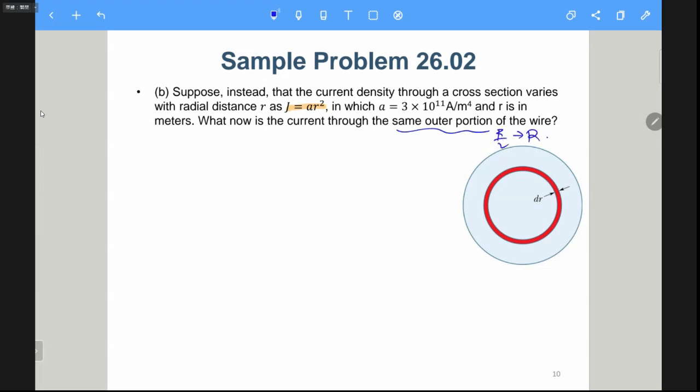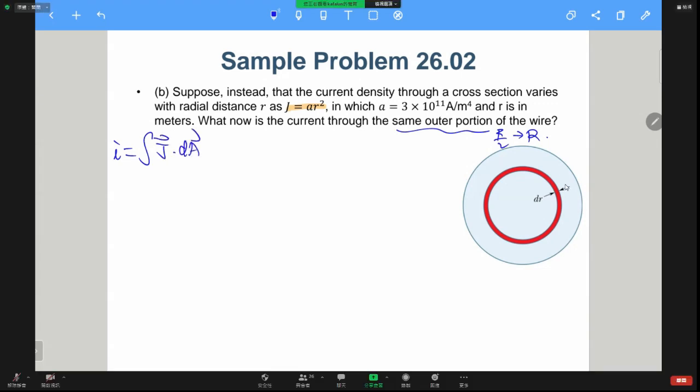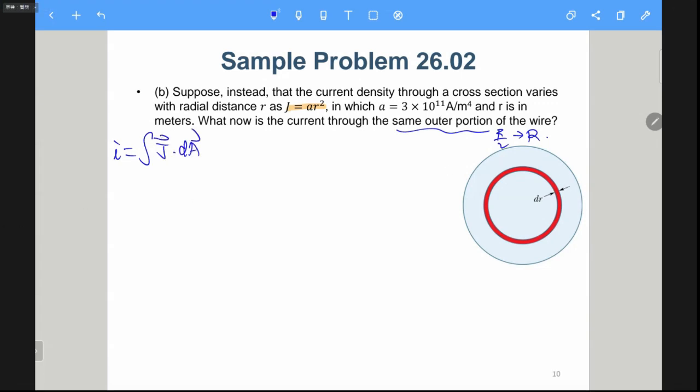So here we have I equals the integration of J dot dA. As J is parallel to dA, this is just J dA, so we don't need to consider the direction.